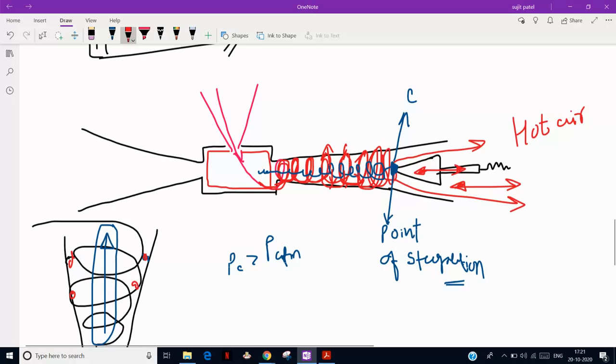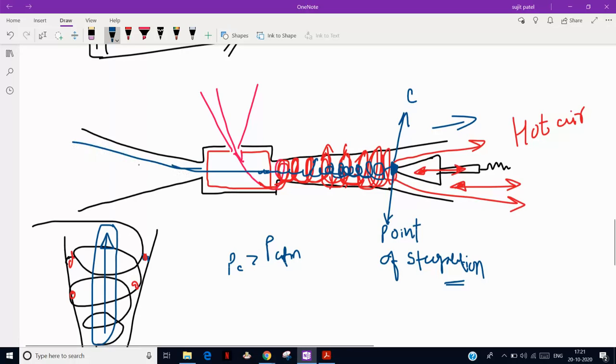So what happens as this cold air passes here? Its temperature is going to decrease because the energy content is taken by this hot air. So the hot air will become hotter, and cold air will come out from this place, because the only opening is provided here, and on this side the hot air is going.